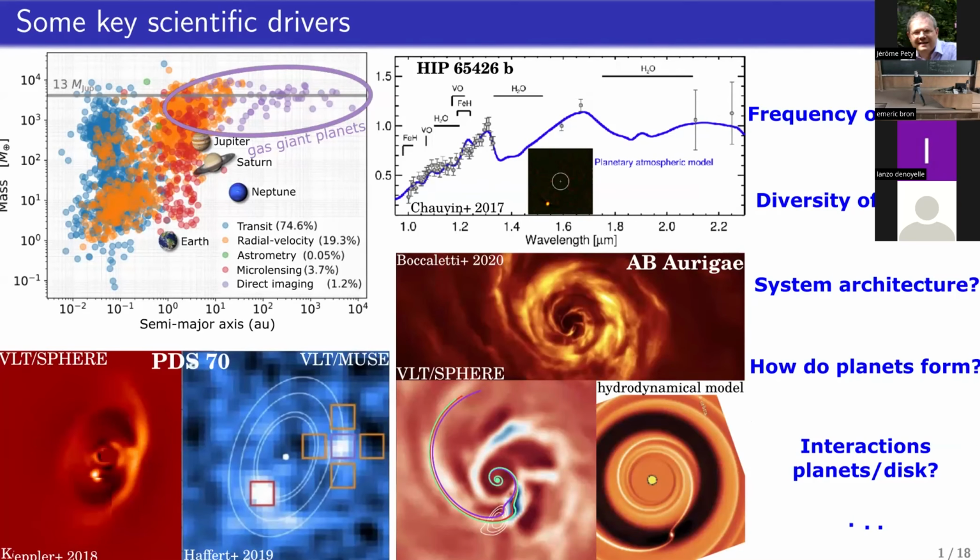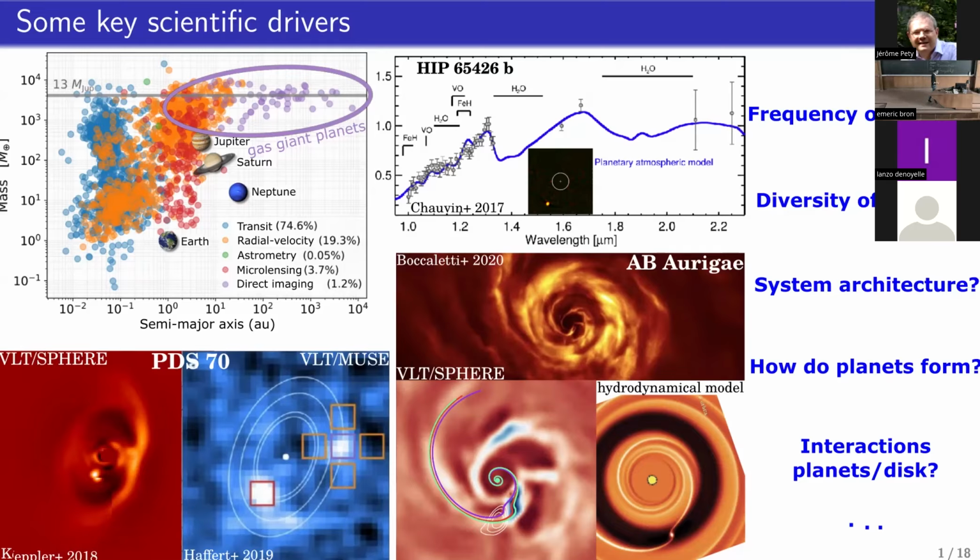Direct imaging, in fact, is very simple in its principle because it consists in directly observing a young star with a dedicated instrument in order to detect exoplanets and to image the structure of the material, of the gas and of dust in the close environment of young stars, because exoplanets can form, for instance, by accretion of the material.